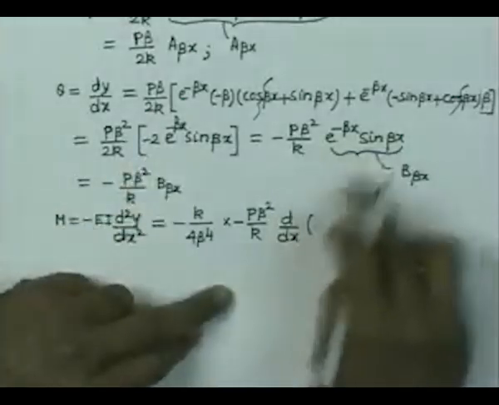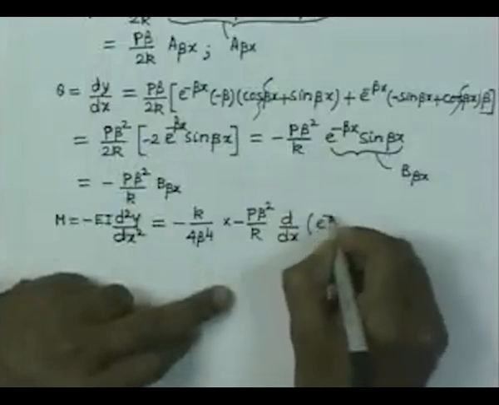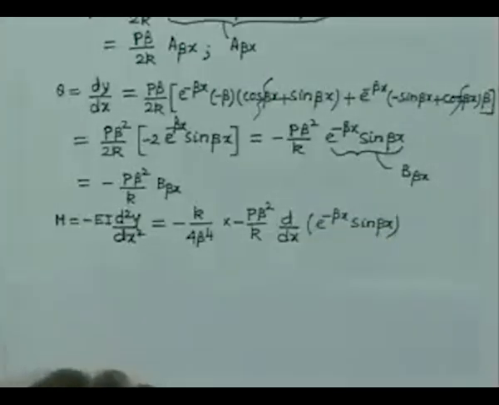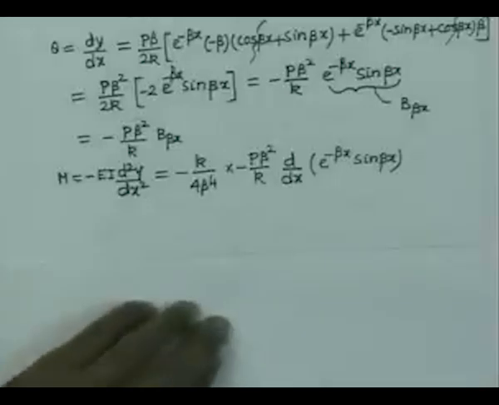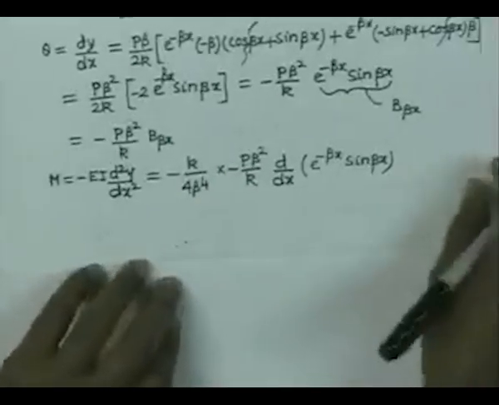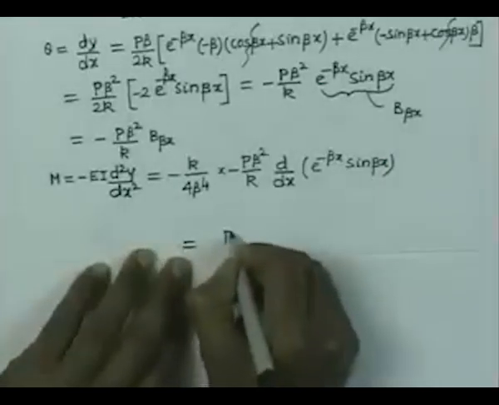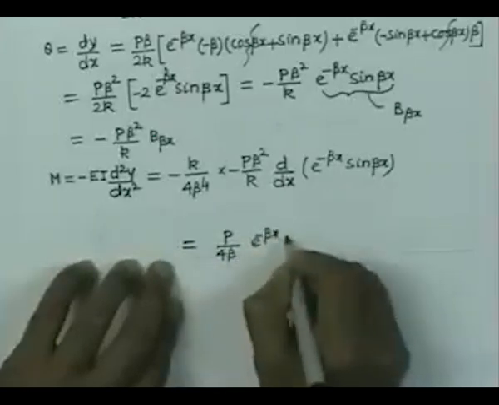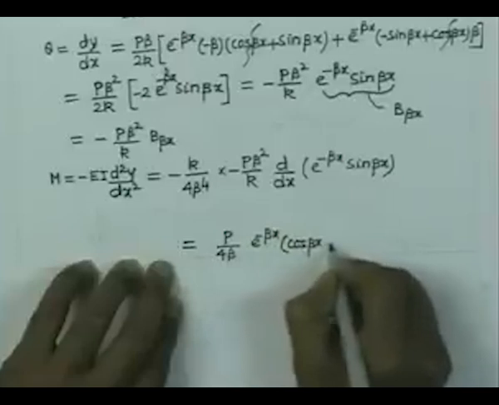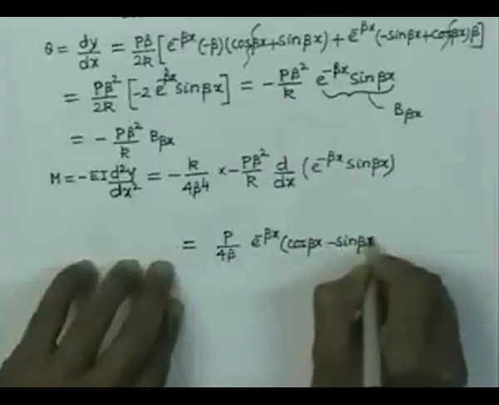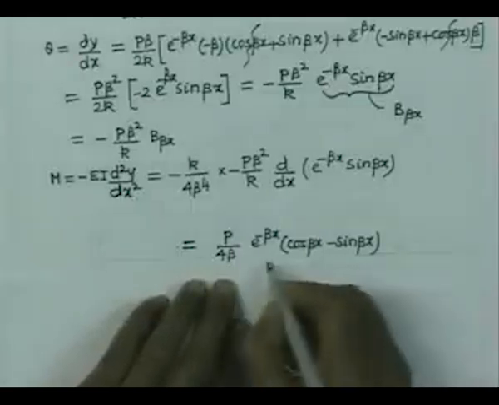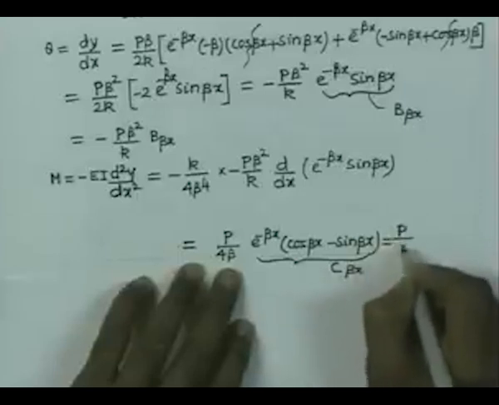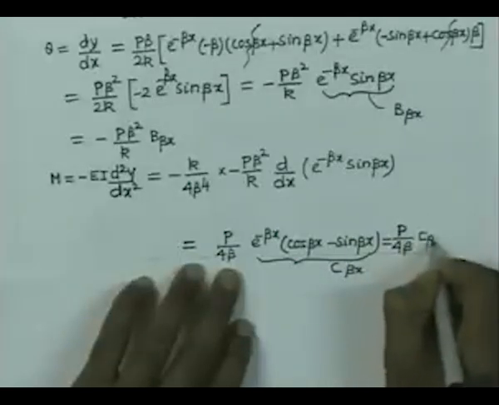So, we take directly e to the power minus beta x into sine beta x, and this finally gives us, which is quite simple, so I will skip this step, p by 4 beta e to the power minus beta x, cosine beta x minus sine beta x, and herein again we write this function as C beta x, and therefore, with that symbol it becomes p by 4 beta into C beta x.